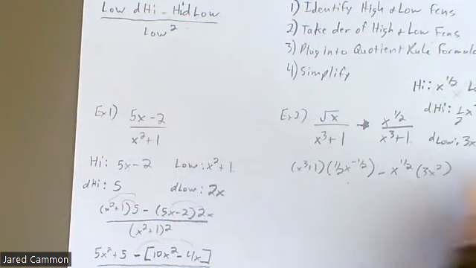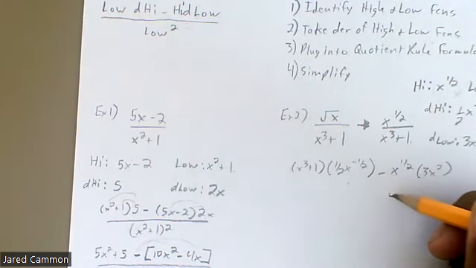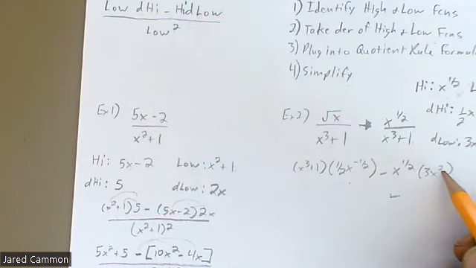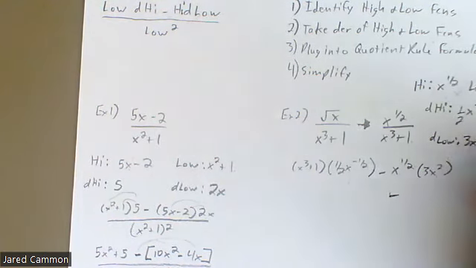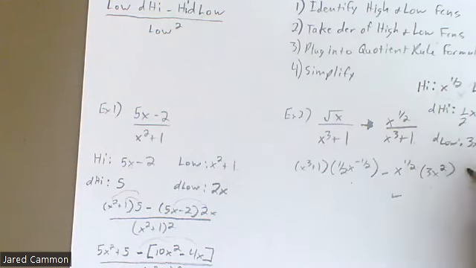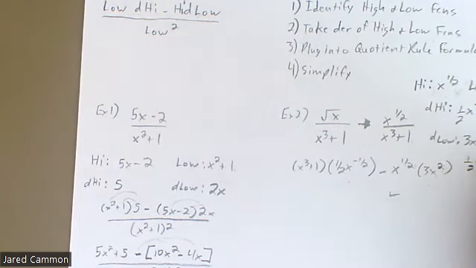So to simplify this, we're going to have negative, we have x to the 1/2 times x squared. Again, when you're multiplying these exponents, you add them. So that's 1/2 plus 2, and represent 2 in terms of a denominator of 2.